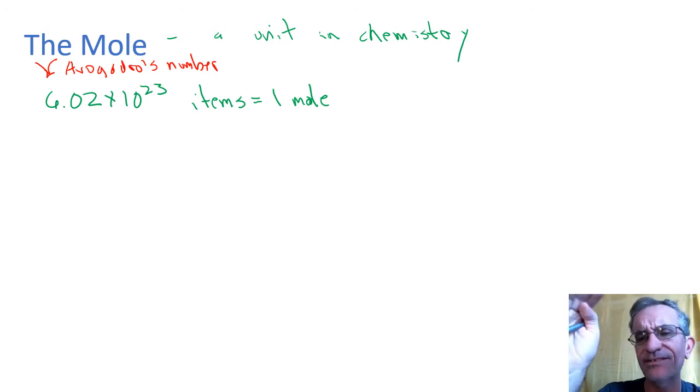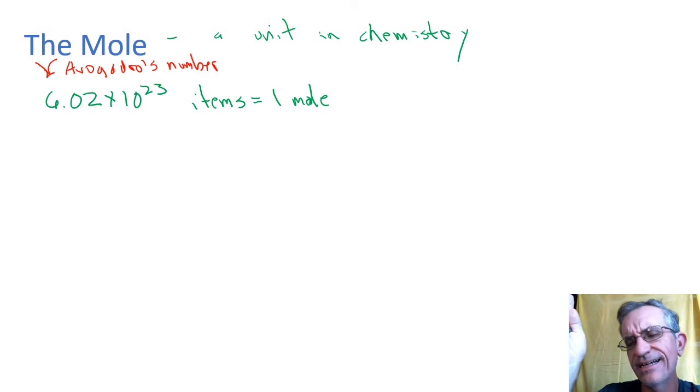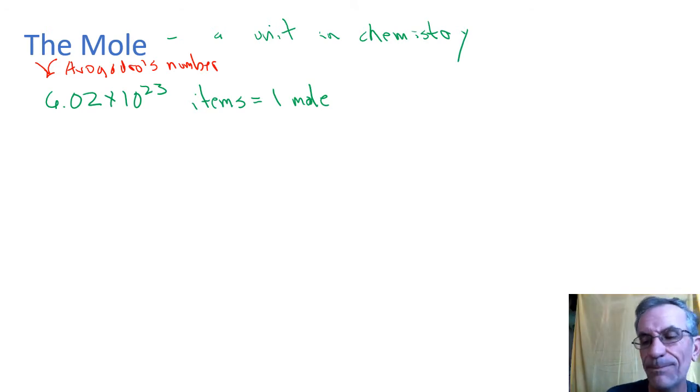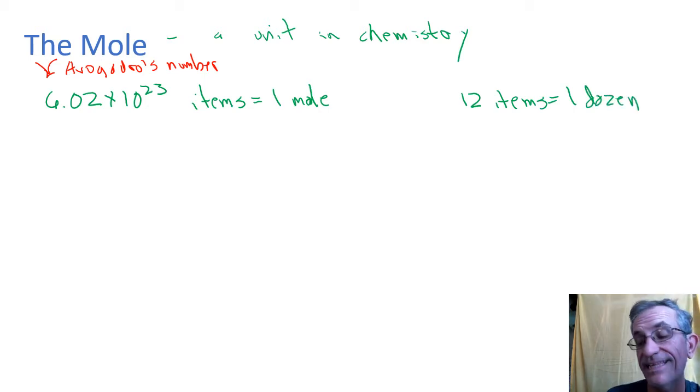Sometimes when people try to understand this, they use the analogy of a dozen. 12 of anything is called a dozen. The same thing is true for a mole. 6.02 times 10 to the 23 of anything is called a mole.